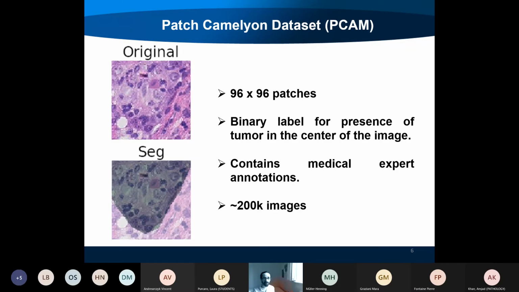As for the data set, there's a bunch of open data sets of medical images nowadays. We decided to start with PatchCamelyon because it's a pretty lightweight data set in a way. It's easy to work with. The images are 96 by 96 pixels. These are generated from another data set called Camelyon16.